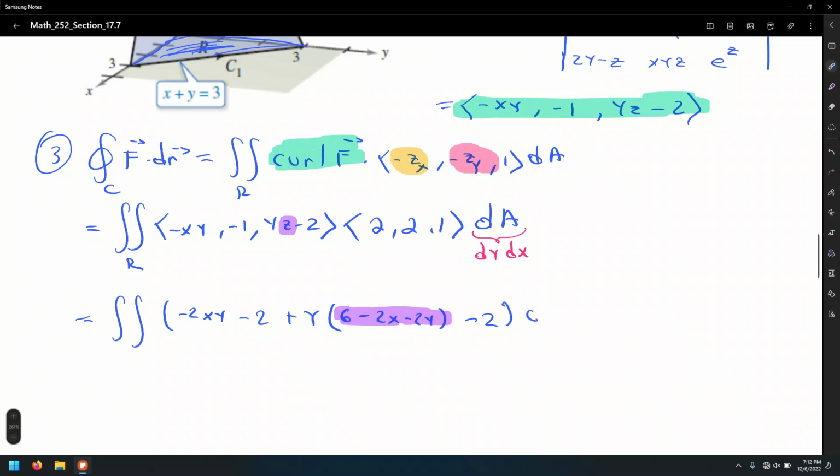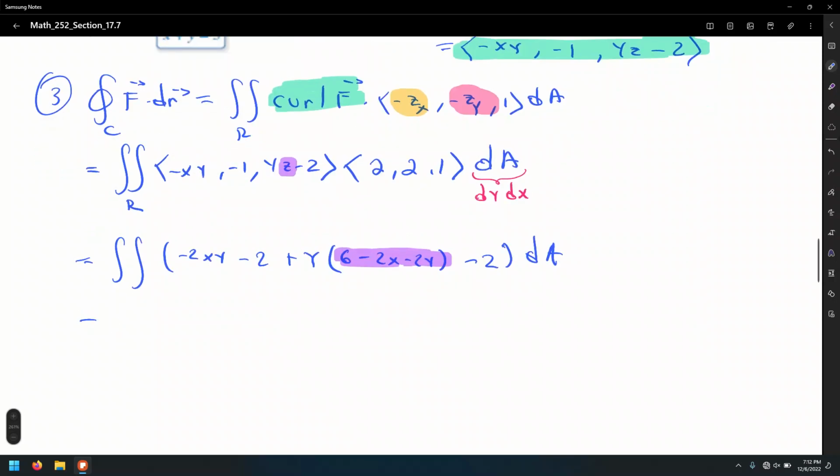So in the next step, that's going to be the double integral, and I think I'm going to leave space over here for the limits. So that's going to be negative 2xy plus or minus 4 plus 6y minus 2xy and minus 2y squared.